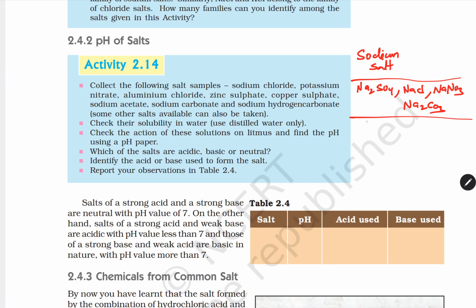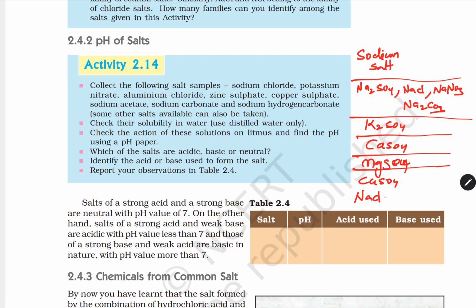For example, potassium salts: K2SO4. Calcium salts: CaSO4. Magnesium salts: MgSO4. Copper salts: CuSO4. Chloride salts: NaCl, NH4Cl.